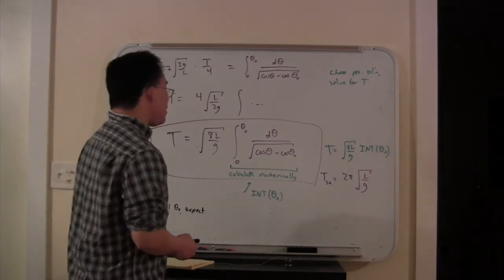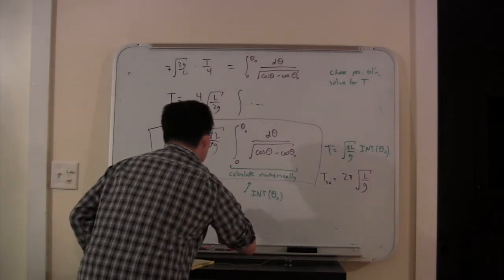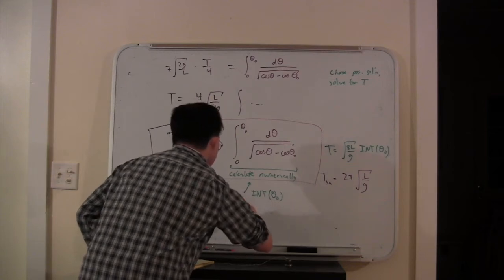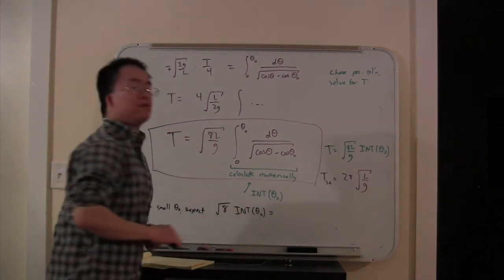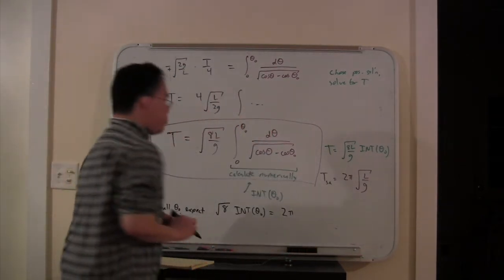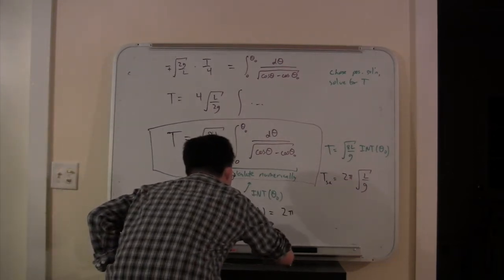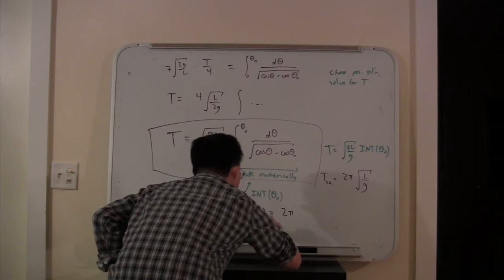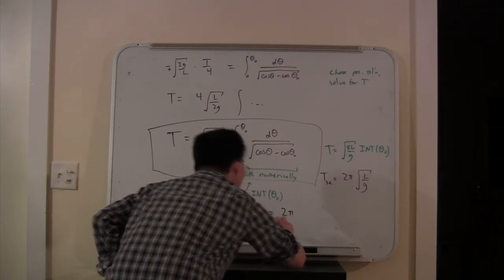But we better expect the rest of this, so root 8 times the integral of theta naught, equals 2 pi, or equivalently the integral of theta naught equals 2 pi over root 8.